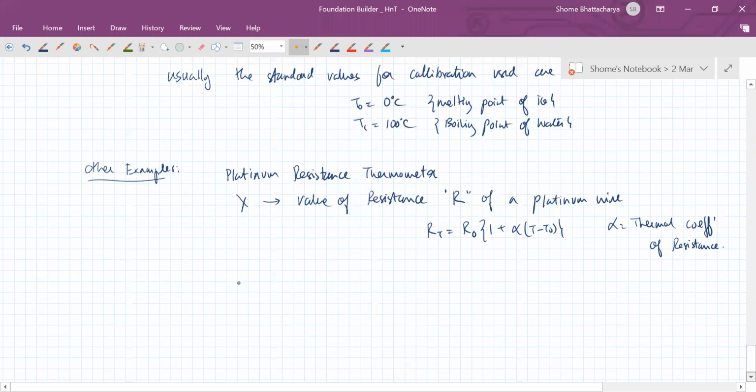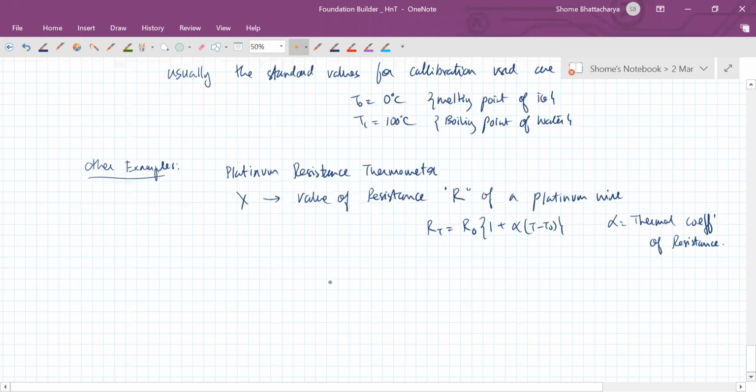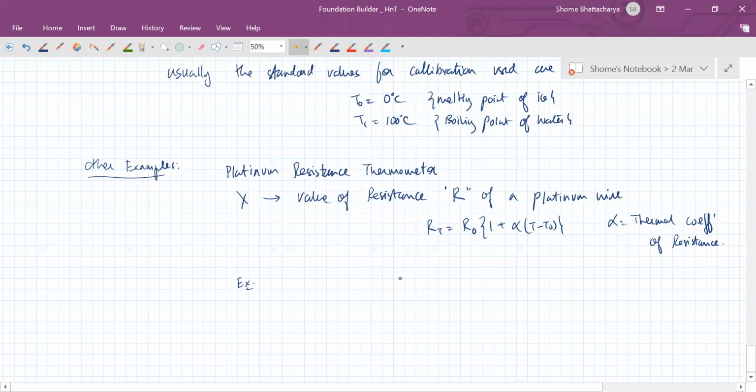So for example, if R naught is equal to 1.004 ohms at 0 degrees C and at T equal to 100 degrees C is this.